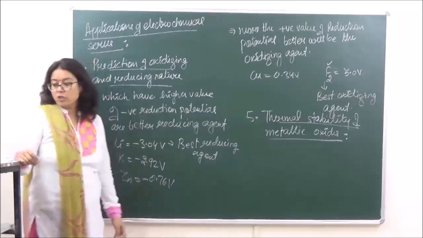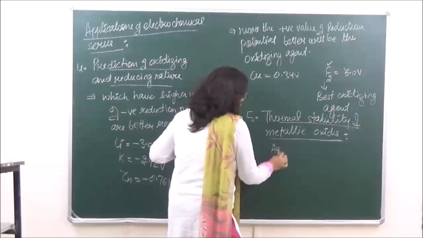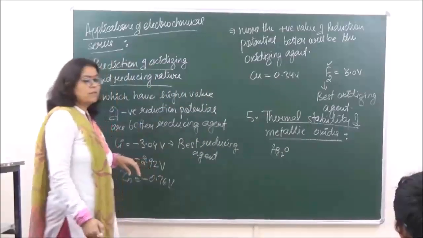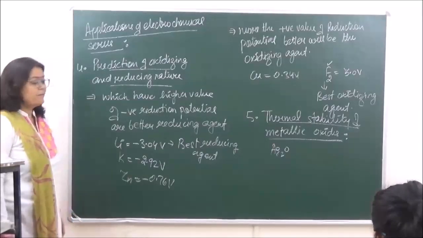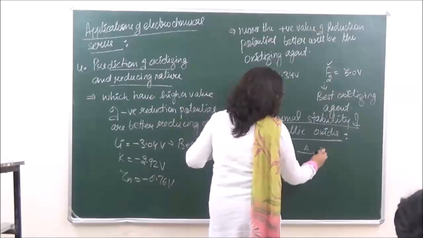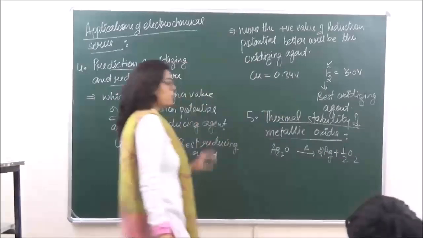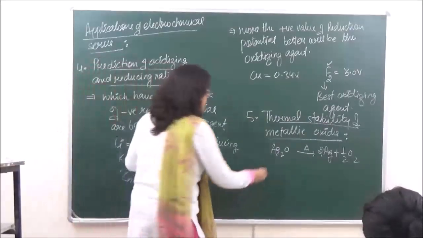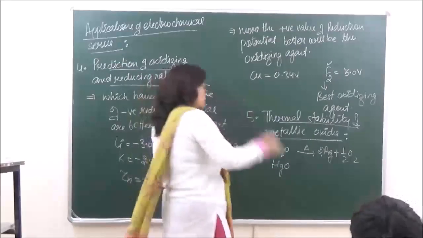As for example, if you are taking silver oxide, the value of reduction potential of silver is plus 0.80. So when we are heating it, it is seen that it decomposes to silver and oxygen. Similar is the case with mercury. Mercury also has a positive value of reduction potential, so mercury oxide decomposes too.